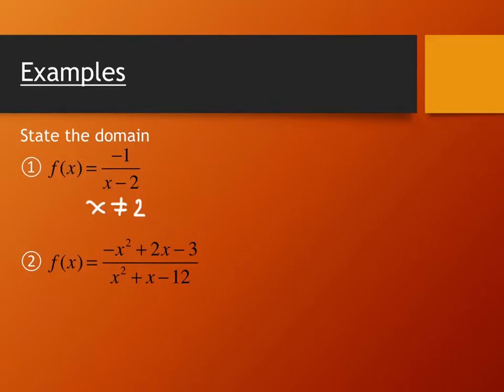So we can have all the values starting at negative infinity up to 2. And we put a parenthesis because we can't equal that value. And then we have a union, much like the last problem we did in section 3.4. And we pick back up with 2 again and continue on.